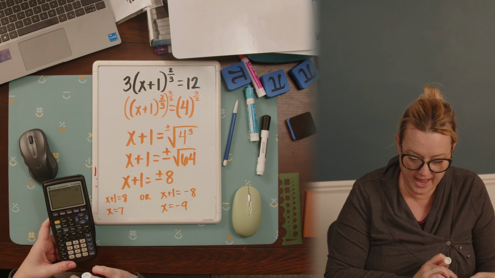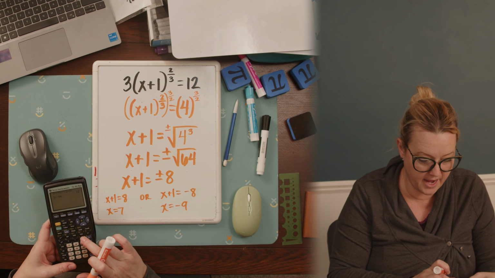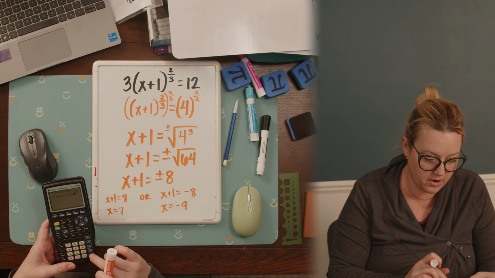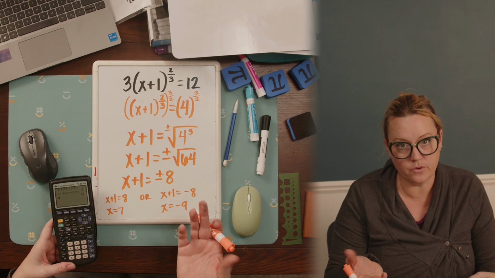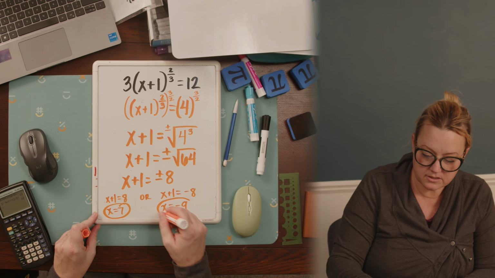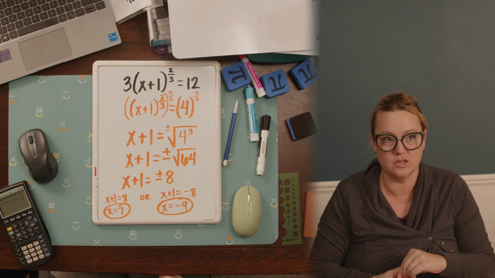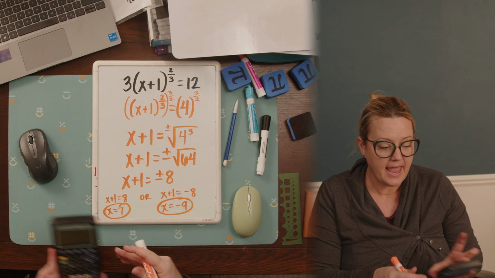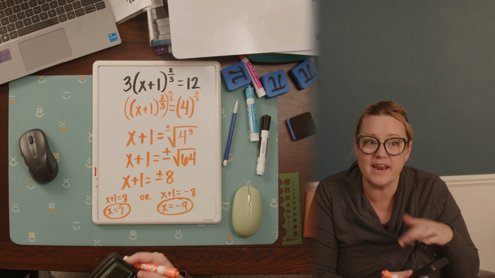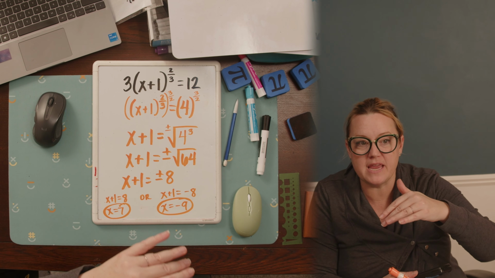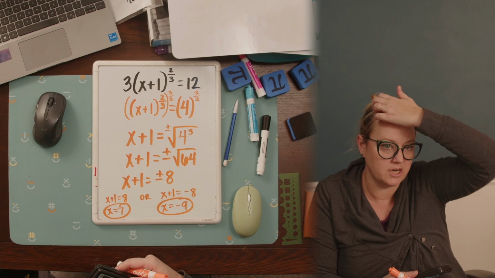And then you would do that again, 3 times (negative 9 plus 1) to the 2/3 power also equals 12. So these are both correct, valid solutions. Now, if I were to plug one in and get a number other than 12, then I would know it's an extraneous solution. That's mathed up.